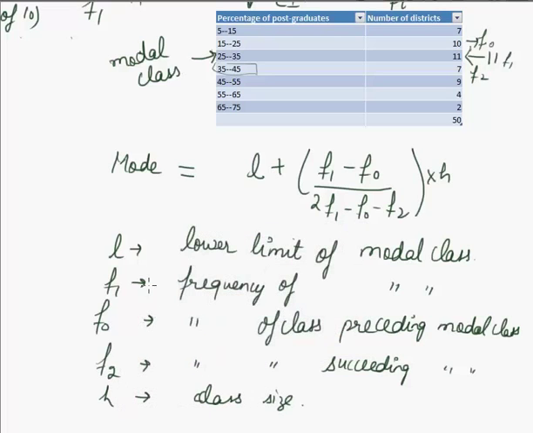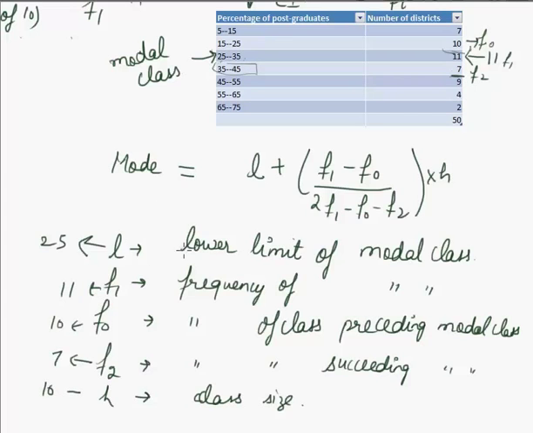Thus, for the given question, the parameters are L as 25, F1 as 11, F0 as 10, and F2 as 7. And H, the class size, is, let us pick up the modal class and upper limit minus lower limit, that is 35 minus 25, so it will be 10.